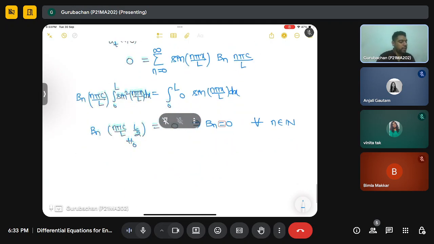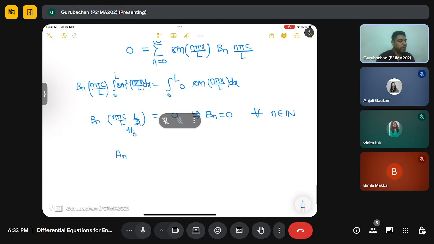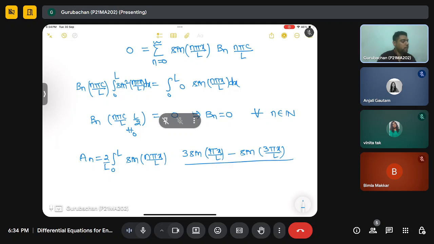So we have to now calculate an explicitly. What is an? So an is 2 by L times the integral from 0 to L of sine n pi x by L, and we have been given sine cube pi x by L. So sine cube, we can write as 3 sine pi x by L minus sine 3 pi x by L, divided by 4.